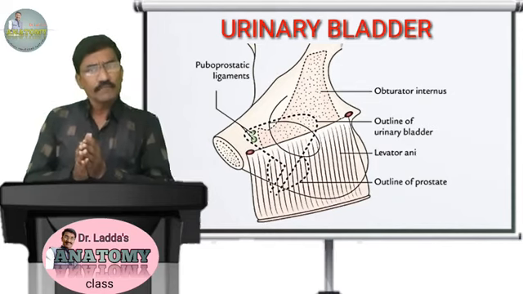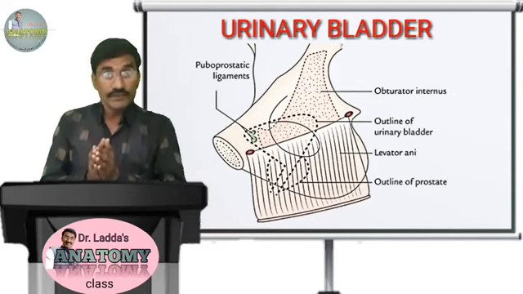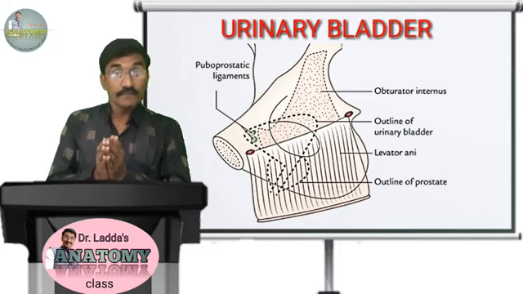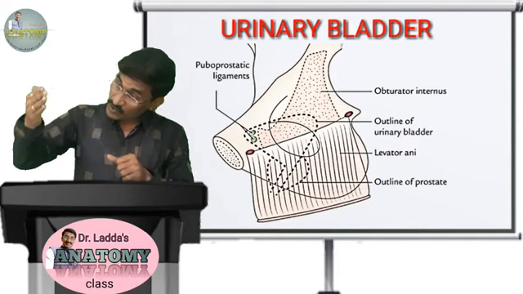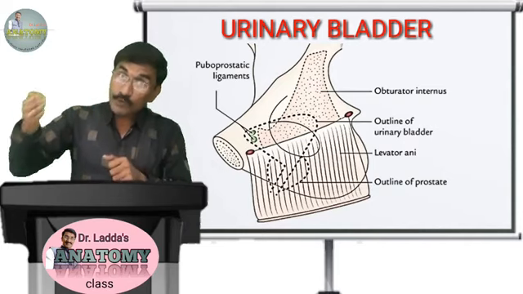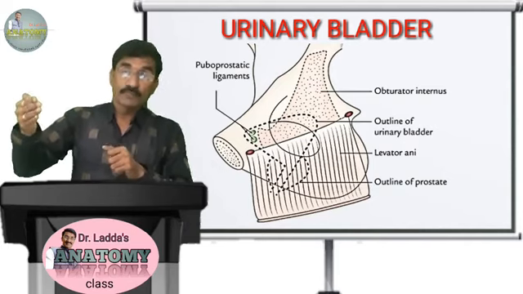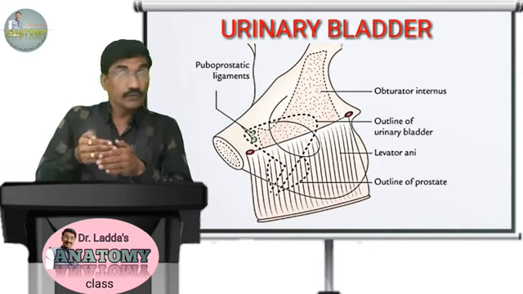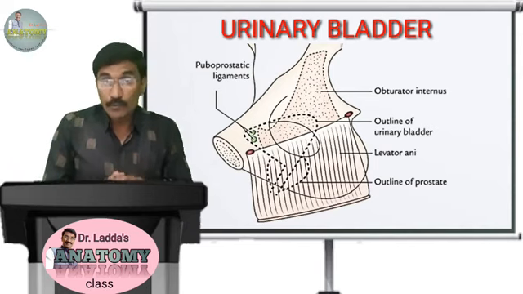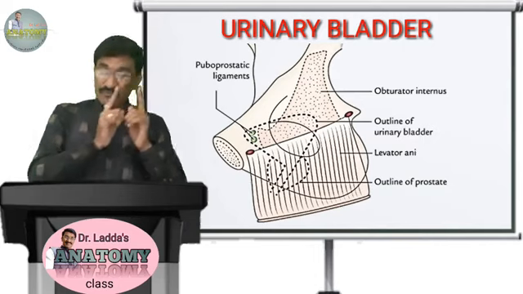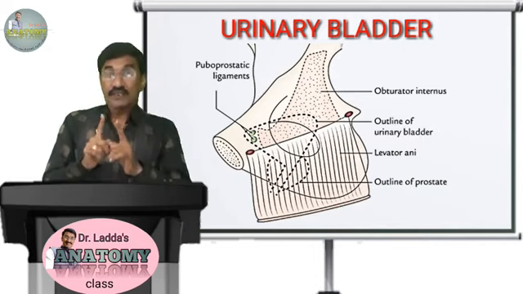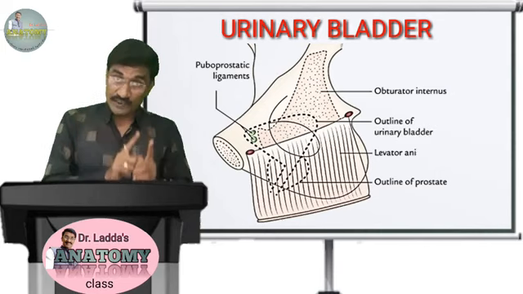Now in the male, we know there is one extra thing, and that is the prostatic gland. So the ligament which is taking origin from the pubic symphysis or pubic bone and going to the prostate, what could be the name of the ligament? Puboprostatic ligament. Yes. Now one is pubis, second is pubovesical or puboprostatic ligament.